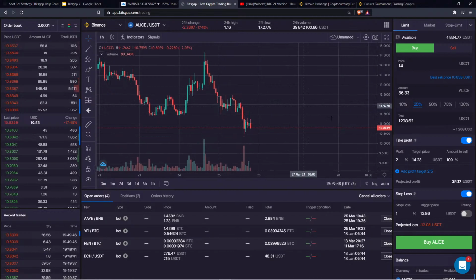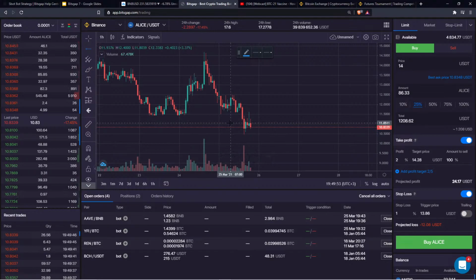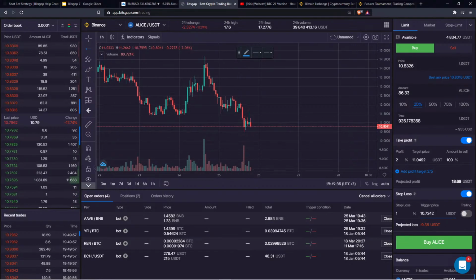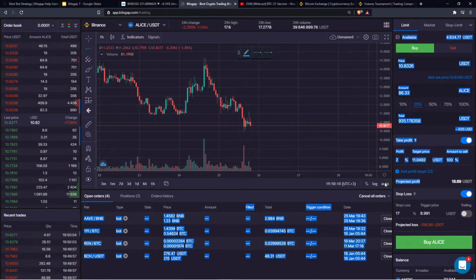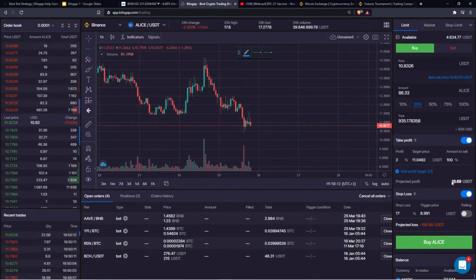You see here I have my stop loss at the price of 13. Why is that? Okay, let's use the current price and stop loss at, let's say, 9. The thing is that your projected loss should not be higher than the projected profit, because it really makes no sense to risk that much to earn only that much. So risking 160 makes no sense to make 18%.